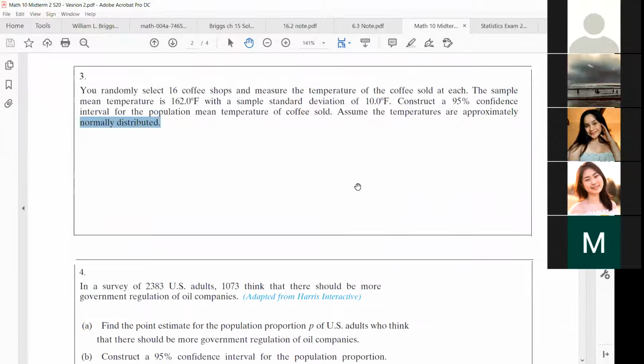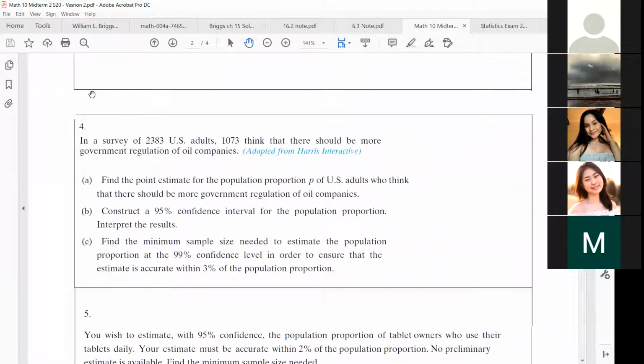So question 4. You have a survey of 2,383 US adults. 1,073 of them think that there should be more government regulation of oil companies. First of all, find the point estimate for the population proportion.